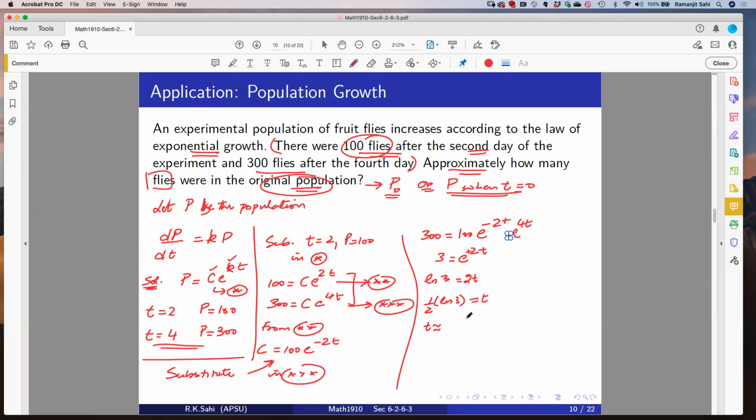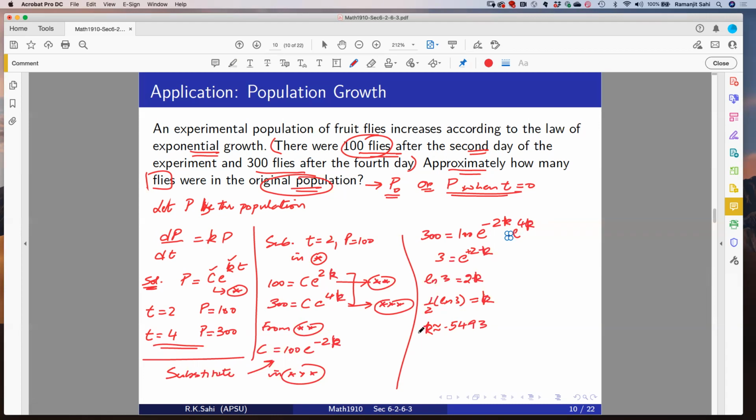I'm making the same mistake, it is the k that had to be replaced, not t. Sorry about that. So k is approximately 0.5493. I'm glad I'm finding my mistakes right when I'm doing it here.